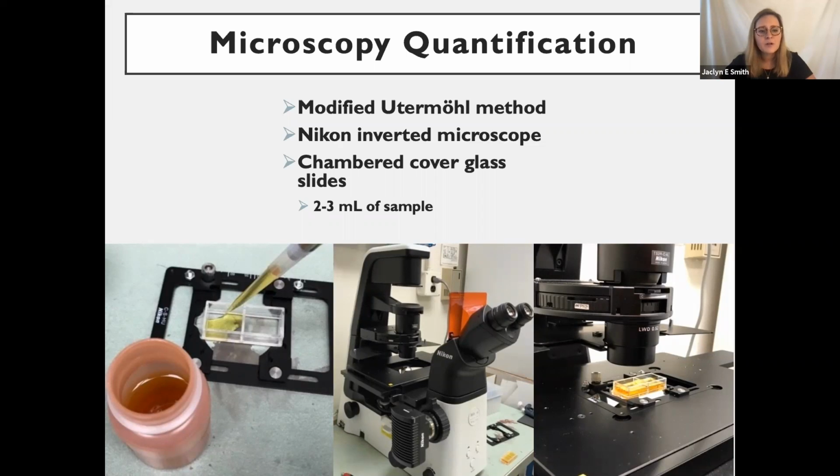How this typically works is you take 2 to 3 milliliters of preserved sample, and that sits in a chambered cover glass slide for about 30 to 45 minutes prior to counting so that the cells can settle to the glass on the bottom. And then a Nikon inverted microscope was used at 40 times magnification for all the samples in this study.